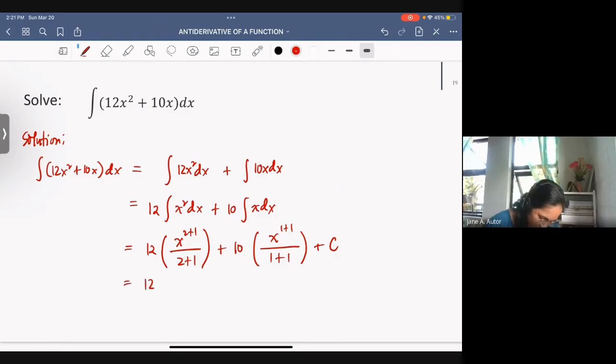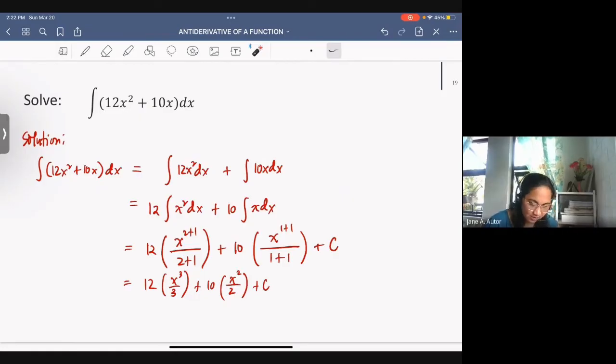We'll have 12 times the quantity x cubed divided by 3 plus 10 times the quantity x squared divided by 2 plus c. And if we simplify 12 times x cubed divided by 3, this will give you 4x cubed, plus 10 divided by 2 times x squared, 5x squared, plus c.